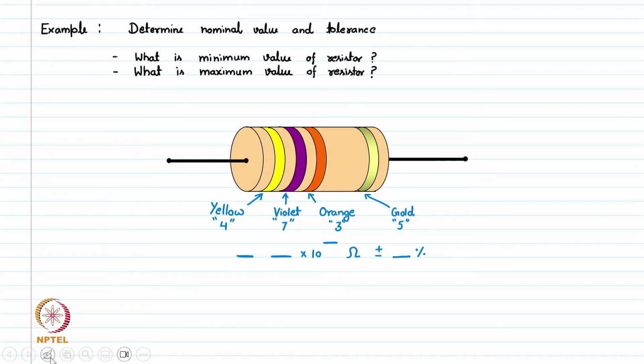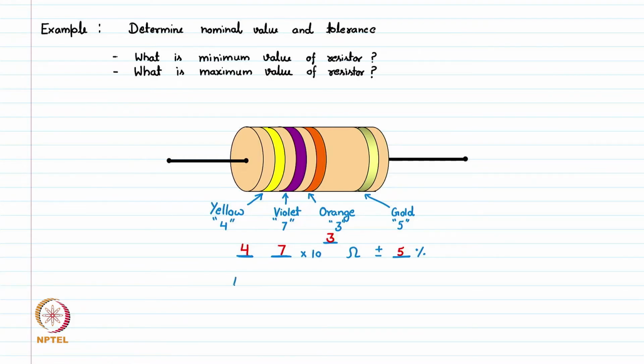So if we put the numbers from above, we have 4, then 7, then the 10 to power multiplier, which is 3, and then tolerance is 5%. So now we calculate.